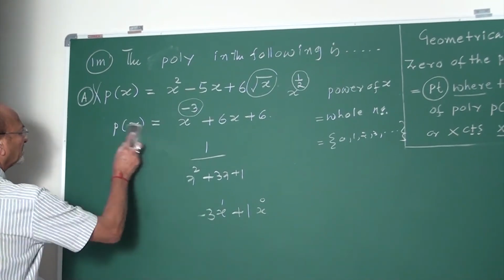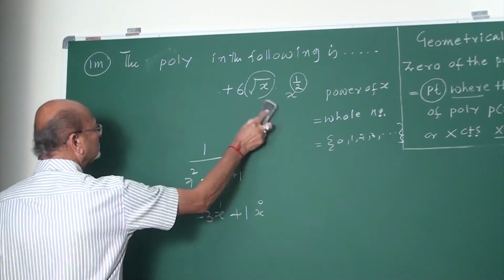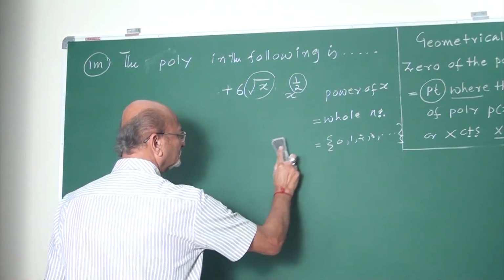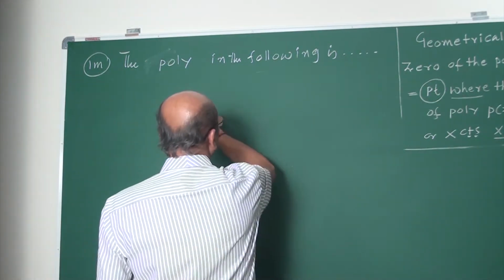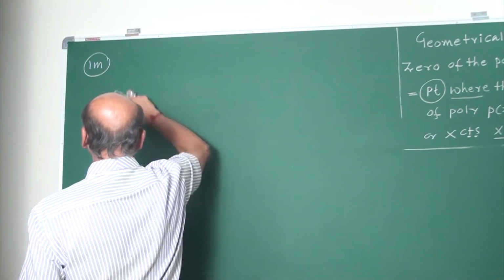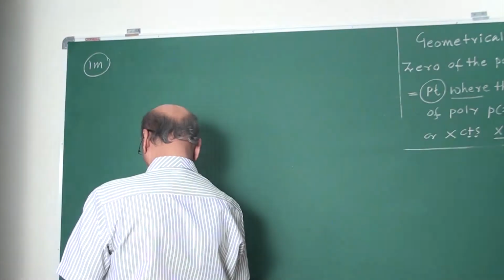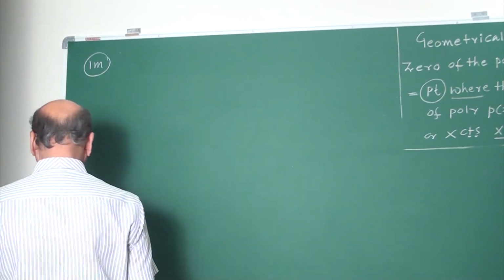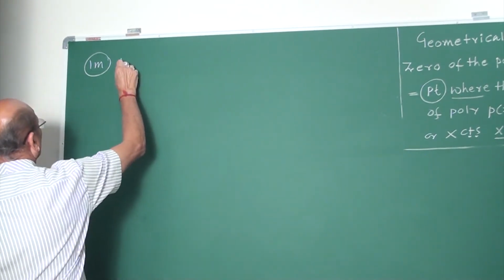Now this is the basic, my friends. Next is this. Write the coefficient of x squared, 1 mark.